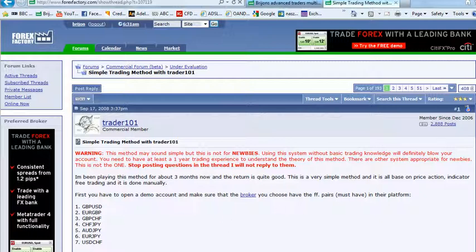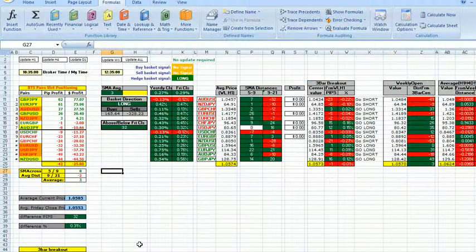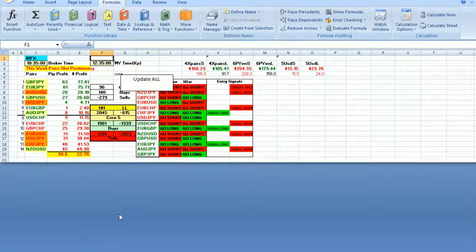We developed a spreadsheet some months ago to show you the effects of the profit and loss, as 101 developed it in his spreadsheet.